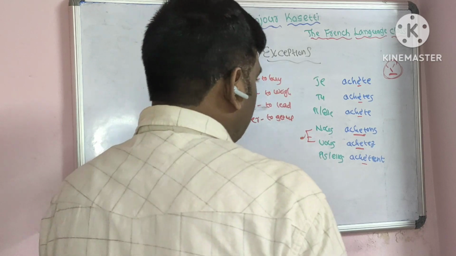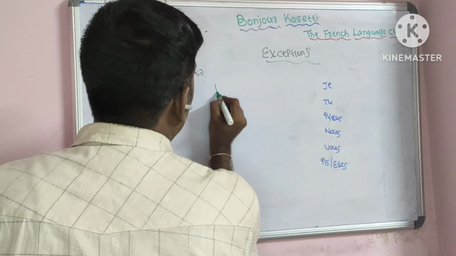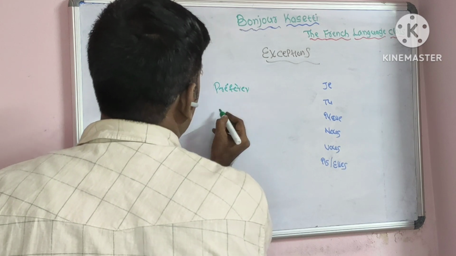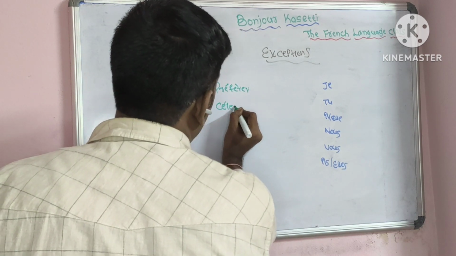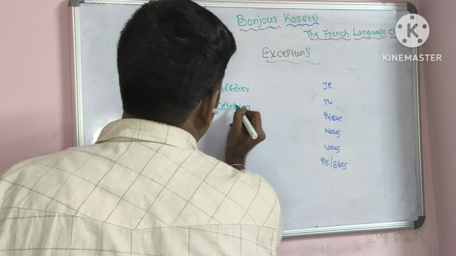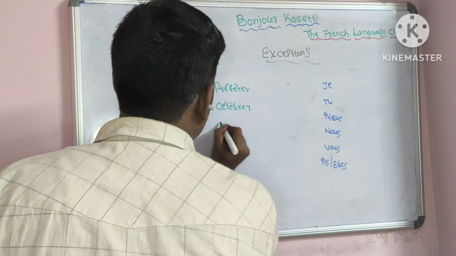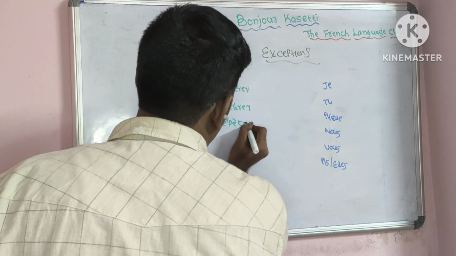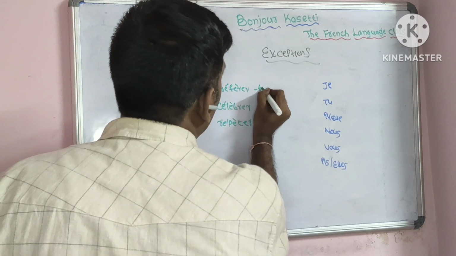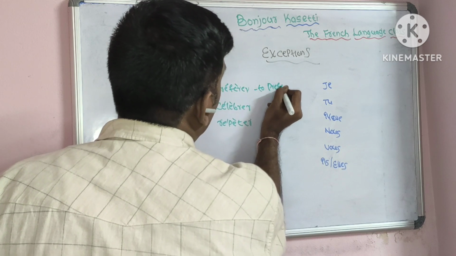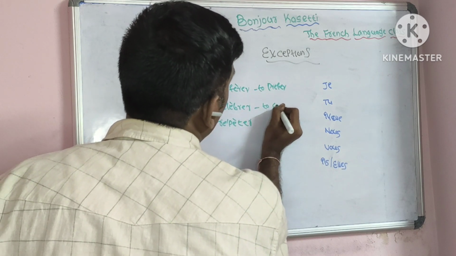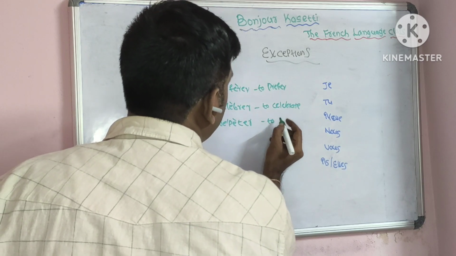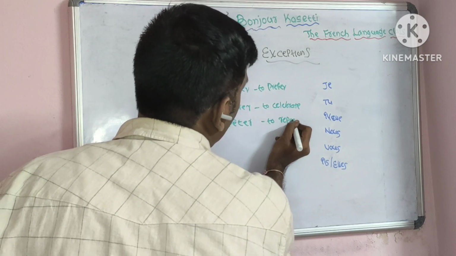We'll see another type of exception. Verbs like préférer, célébrer, répéter. Préférer means to prefer. Okay, célébrer to celebrate. Répéter means to repeat.